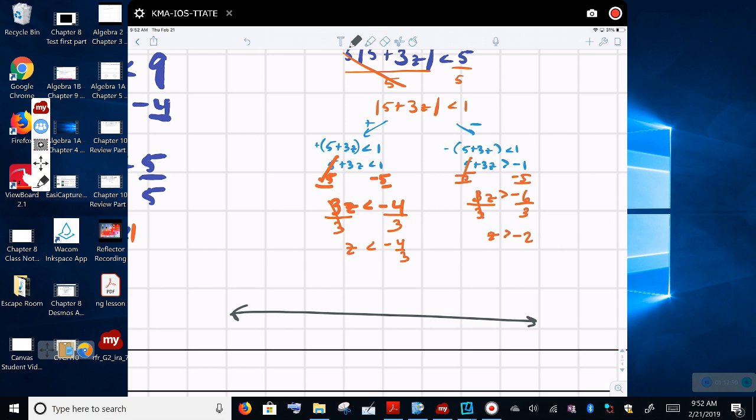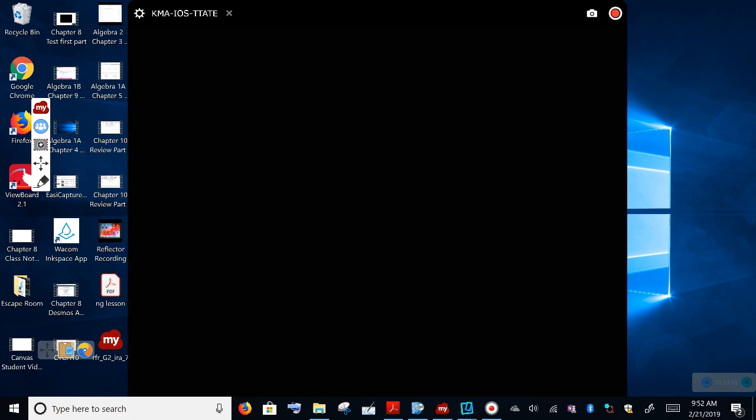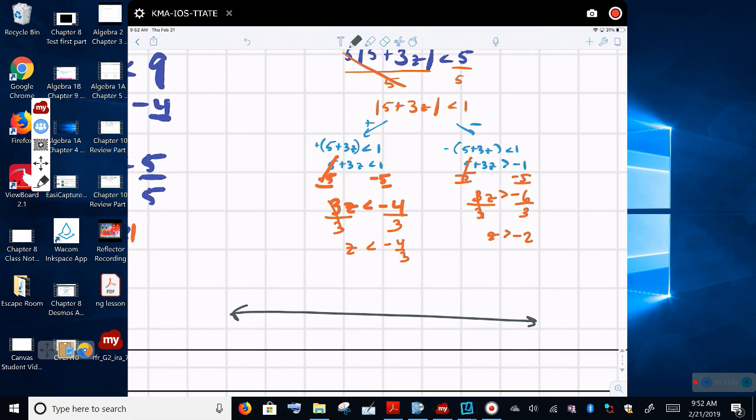Alright, what are the two numbers you care about? Negative 4/3 and negative 2. Which one's bigger? Well, normally if it was just 2 and just 4/3, 2 would be the bigger number, right? Because 4/3, if you were to calculate that on your calculator, would be about 1.3.